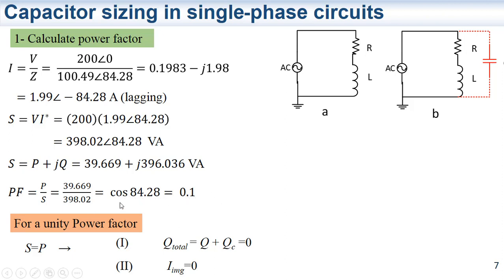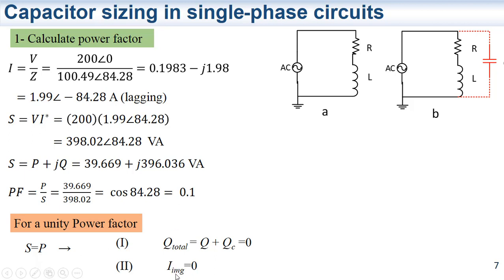Now there are two ways to correct that power factor to unity. Basically, we can equalize the inductive reactive power drawn by the inductor by introducing an equal capacitive load, a capacitor connected in parallel, and therefore the total reactive power will equal 0, and the apparent power will in this case equal the active power.